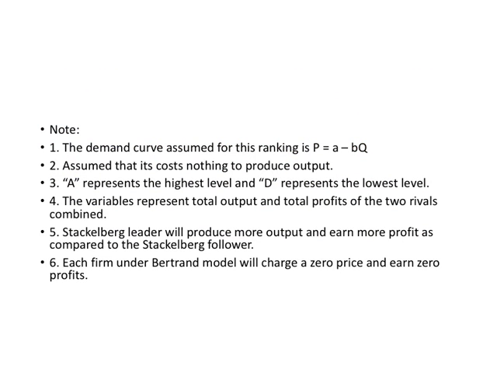In order to make the comparison between four models, Cournot, Bertrand, Stackelberg and monopoly, let us make the following assumptions. The demand curve we are looking at is linear and can be represented like this. The second assumption we make is that it costs nothing to produce and sell an output. In terms of representation, letter A represents the highest level, letter D represents the lowest level.